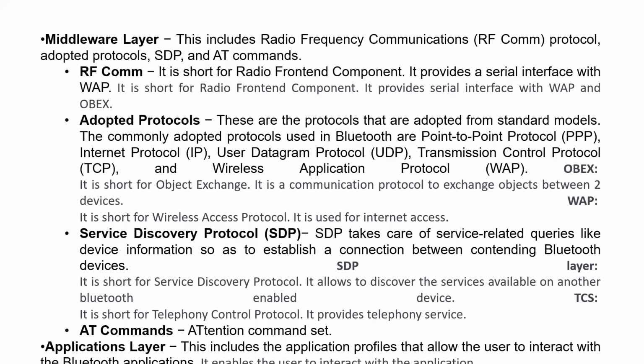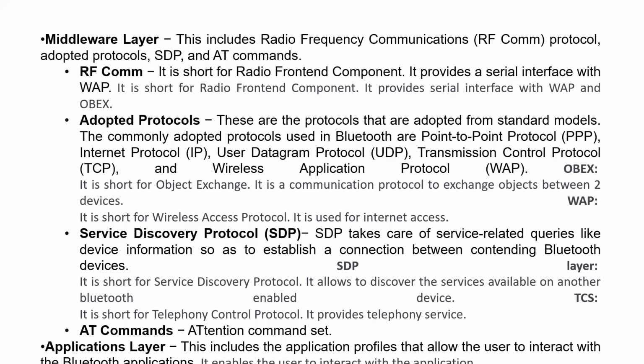This we discussed yesterday. Communication is taking place in the form of digital objects for this object exchange type of protocol, and at the same time serial communication with the help of wireless access protocol is carried out in this sublayer.